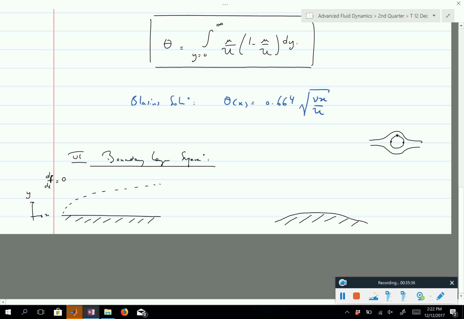So if you're thinking about what the pressure does along this boundary, well, here the pressure decreases, and here the pressure increases. And I'm talking about the pressure outside of the boundary layer. So what would happen on this top here is that dP/dx would be negative. The pressure decreases.